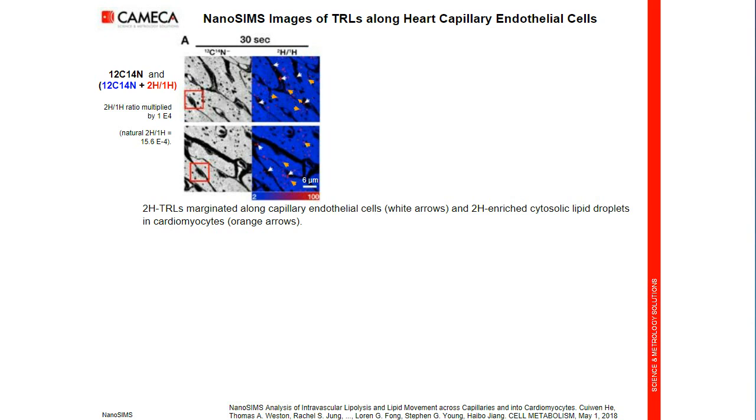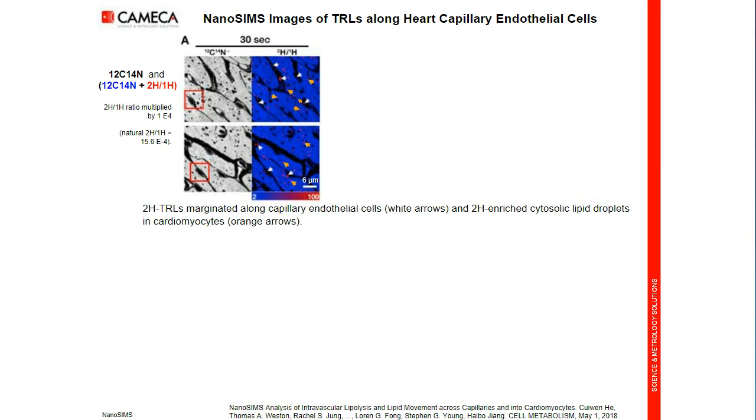And on the right side images, one sees in red color the areas enriched in deuterium from the injected lipids. Some lipid droplets are marginated along the capillary endothelial cells, marked with white arrows. But the striking point is to see already many deuterium-rich lipid droplets already inside cardiomyocytes after only 30 seconds.